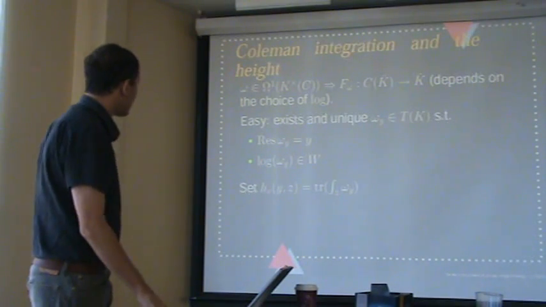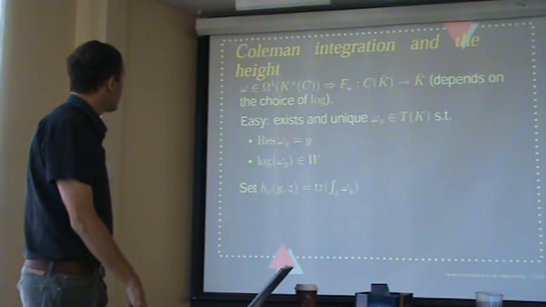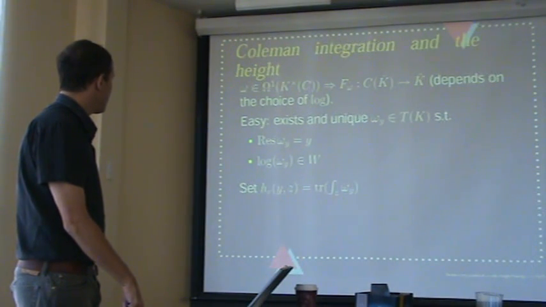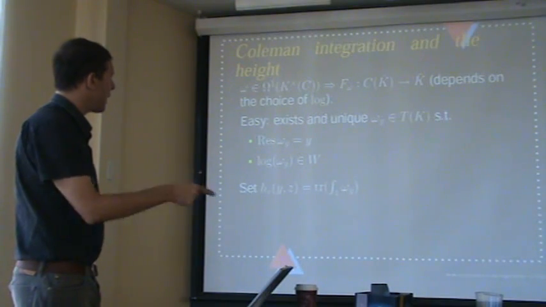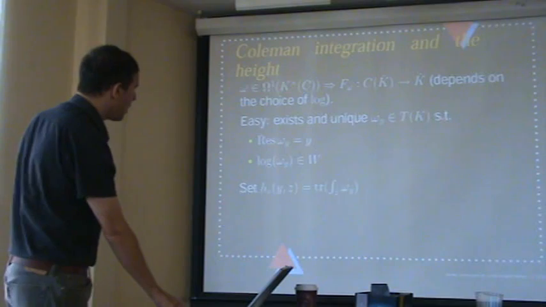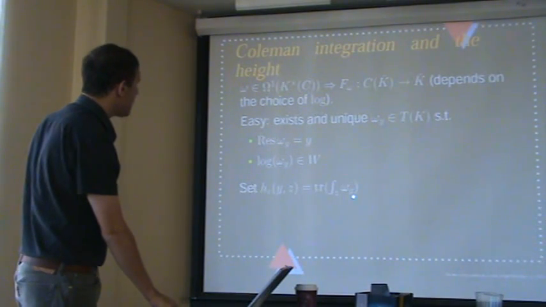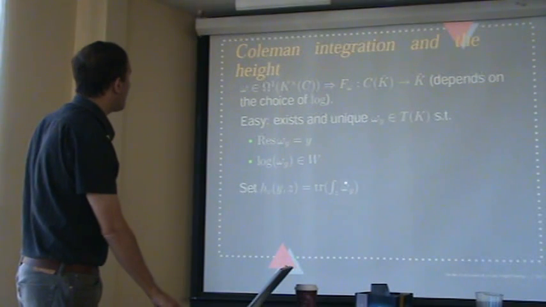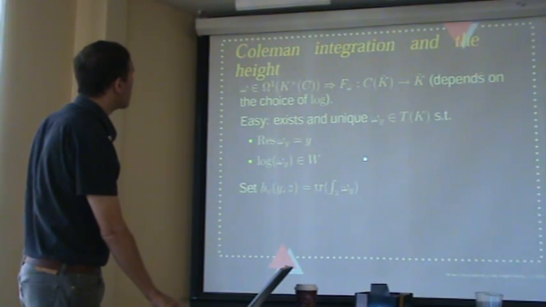And now you just set the local component for the height at y and z to be the trace of the integral against z of omega_y. I should say, in one word, what this means. Omega_y has this Coleman integral, some function.